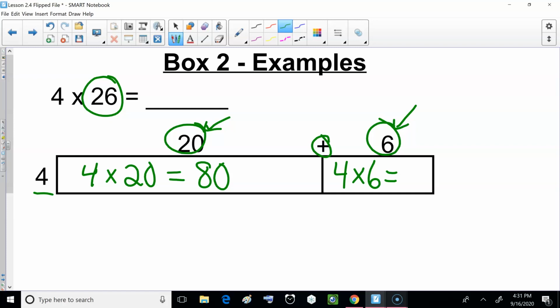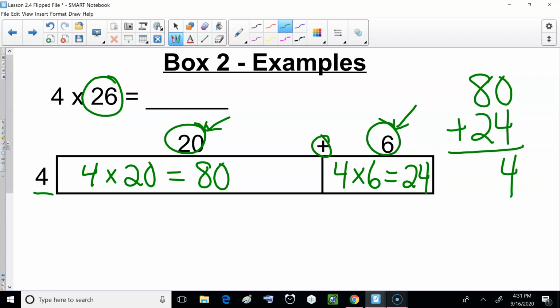Here we have the ones, so 4 times 6 is 24. Now that we have these two partial products, we're going to add those two answers together to get the entire answer for 4 times 26. So we have 80 plus 24. When we add them up, 8 plus 2 is 10. We get 104. So you're going to pause the video right now and write down this information to help you remember how we use the area model to get an answer.